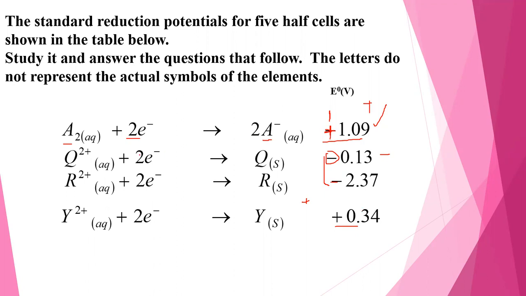For example, if you are asked to identify the strongest reducing agent here, it is this R2 positive, because it is the most negative one.